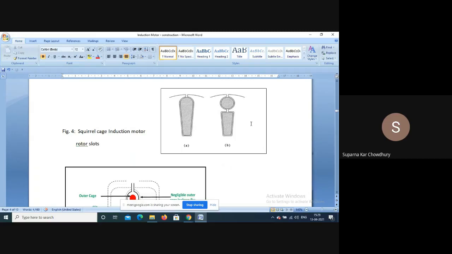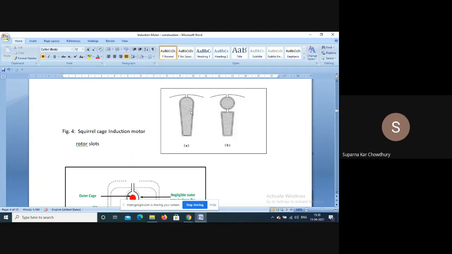So initially at starting, when the frequency is at supply frequency, as the reactance is more, the current always tries to flow through the minimum impedance path. So the current has a tendency to flow towards the upper portion, the upper bar here, where the inductance is less.